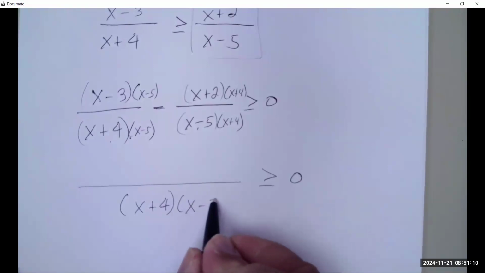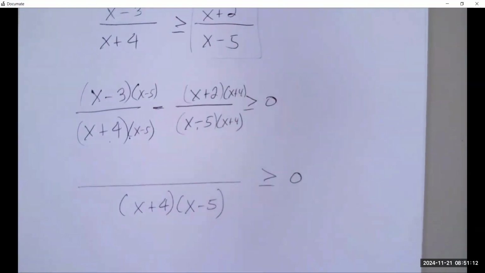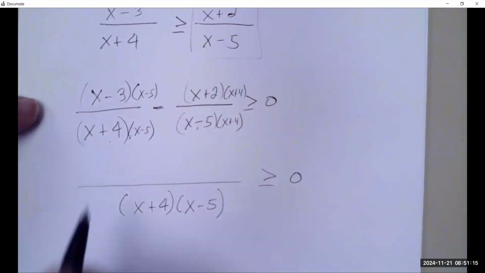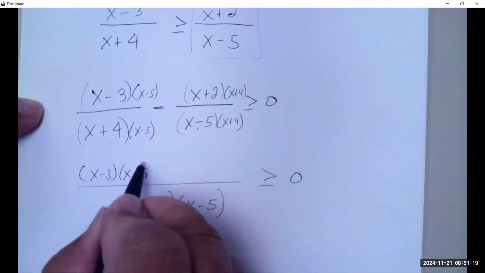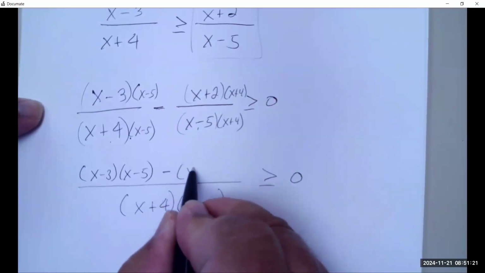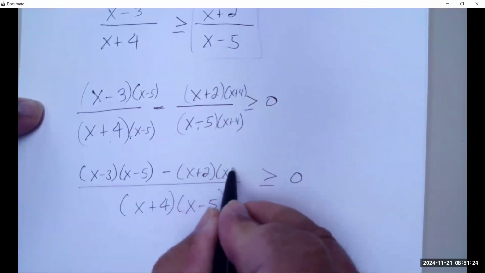So now we have a common denominator on the bottom. And on the top, we have (x minus 3)(x minus 5) minus (x plus 2)(x plus 4).